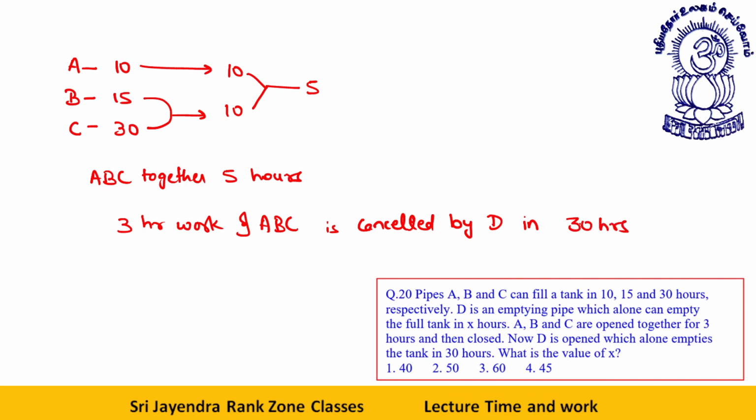D takes 10 times the time. Therefore, the full 5 hour work of ABC is cancelled by D in 50 hours. Okay, we have done it so easily.